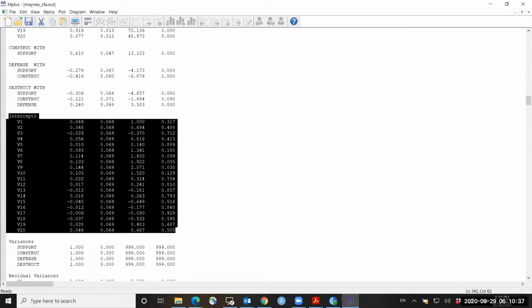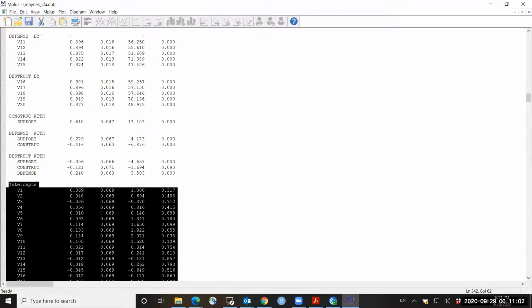It's like a regression, right? So this is the value of the indicator if the factor is 0. But the factor has an arbitrary scale, so a factor of 0 doesn't mean much. Usually the factor is scaled to have 0 equal the mean of the individuals. So the intercept's not very interpretable.